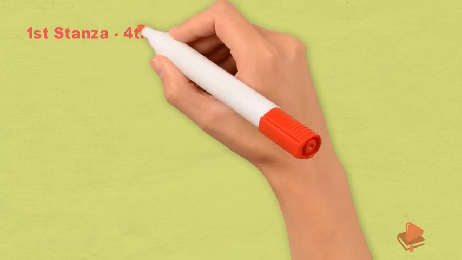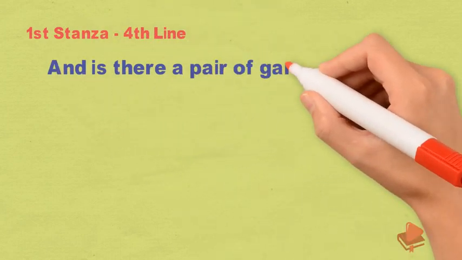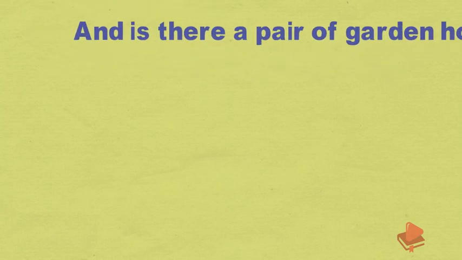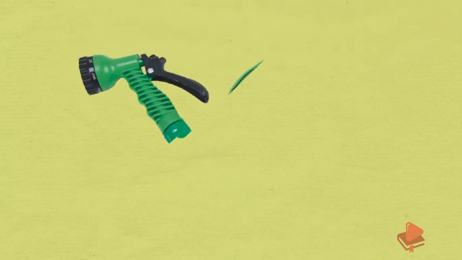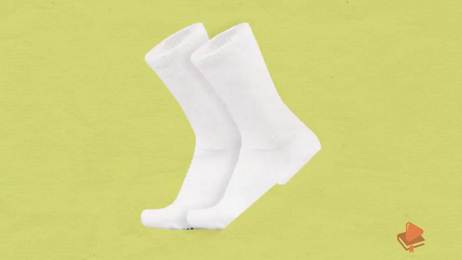Let's move ahead. The next line tells, and is there a pair of garden hose? Now what do you mean by a garden hose? Now here in the picture you can see this is a garden hose, which is like a flexible pipe used in the garden, wherein in the next picture you can see there is a pair of socks or stockings.